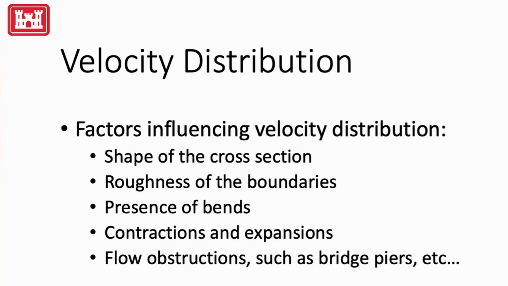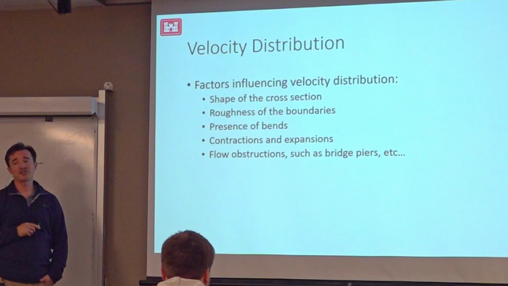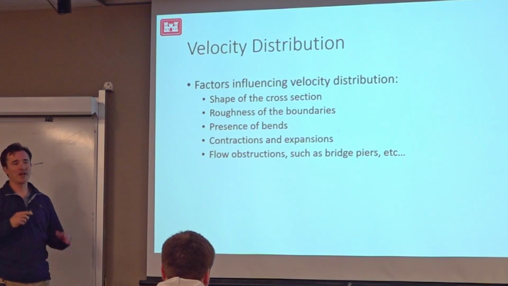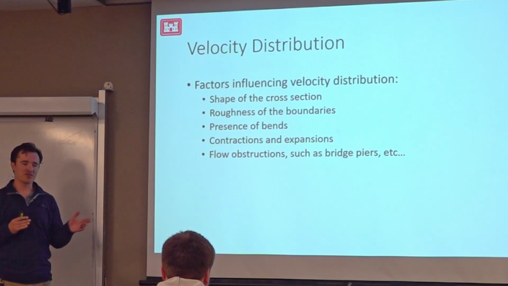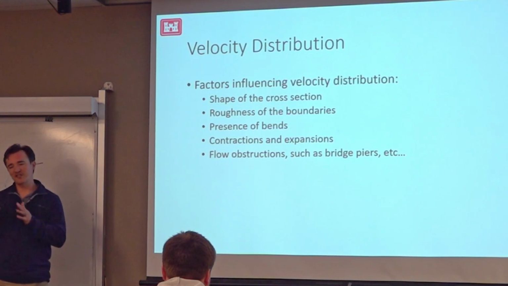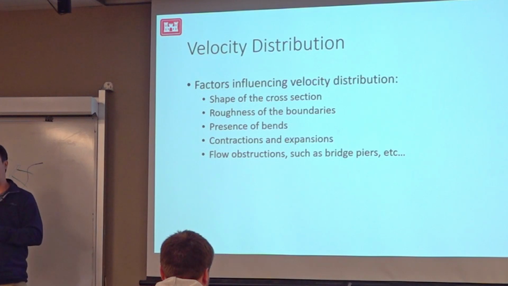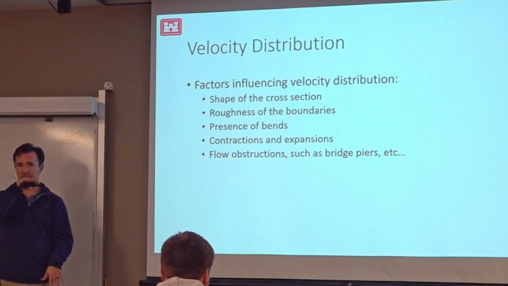Velocity distribution is important because it affects your energy losses. If you have higher or lower flows in different parts of your cross section, that produces different losses, because you have more dissipation in a high flow over a shallow depth than you do in a high flow over a deep depth, right?